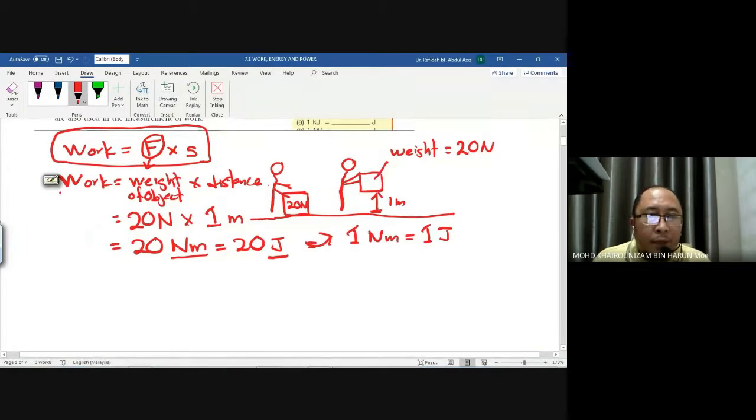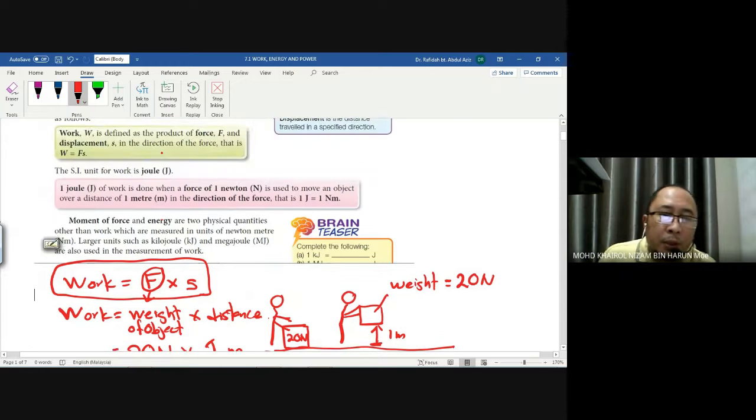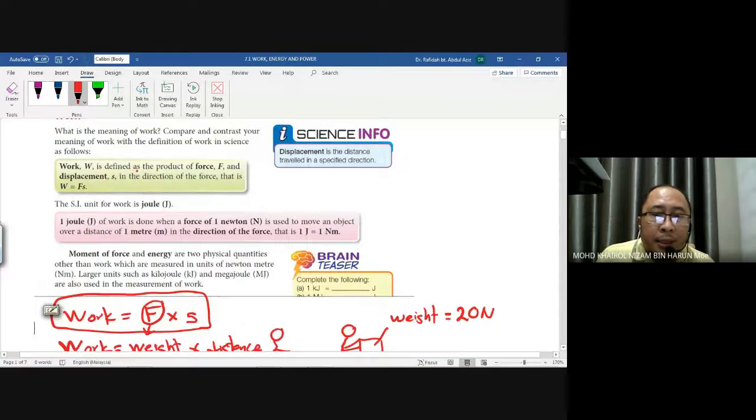Okay, so from the formula given here, work, how to find the value of force here? We must know that work is defined as the product of force and displacement. So we can know the displacement, the distance, taken place when the work is done.